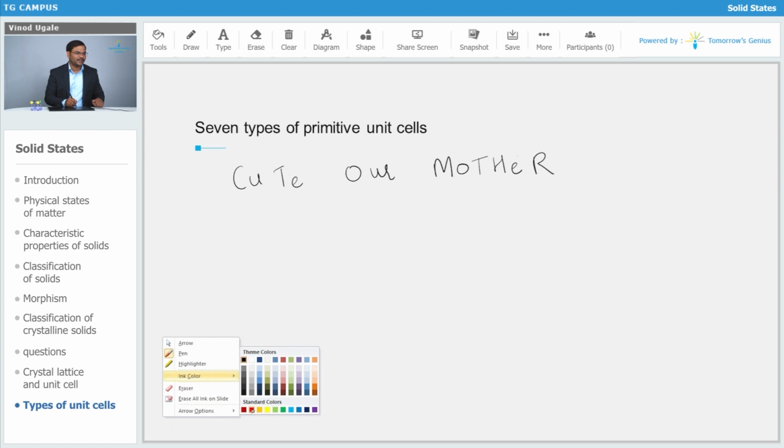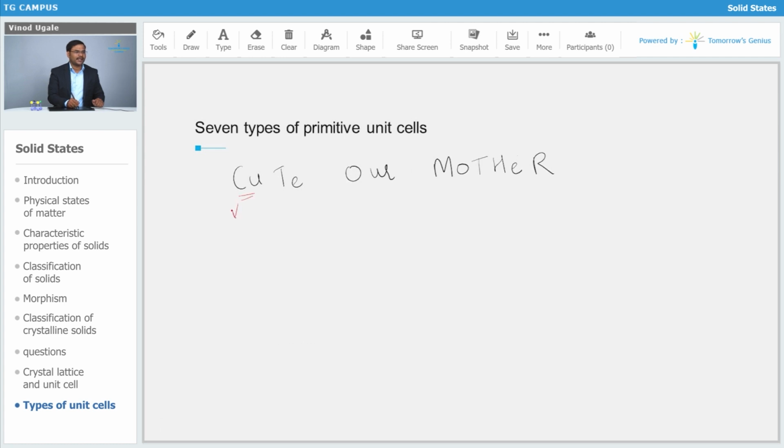So what you will do, that Cu will stand for cubic, obviously, correct. Te is going to stand for the tetragonal. This O is going to stand for the orthorhombic.